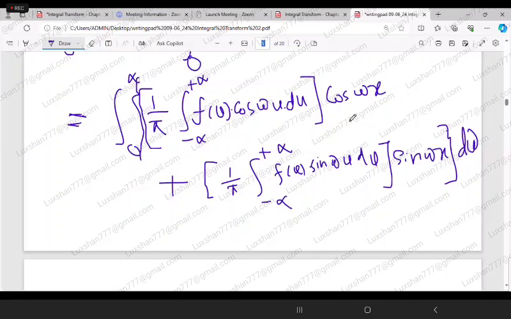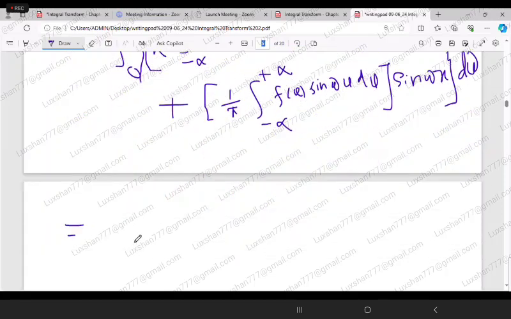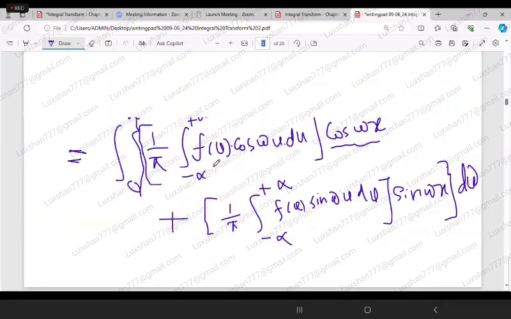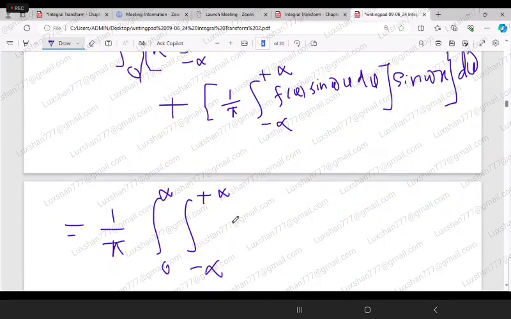Now I'm going to multiply this, because this is independent of u, so I can bring it inside this one, and I can take 1 over pi out, and I can write the same in this way. That is, I can write it as 1 over pi integration 0 to infinity, of integration minus infinity to plus infinity. I can take f(u) common.